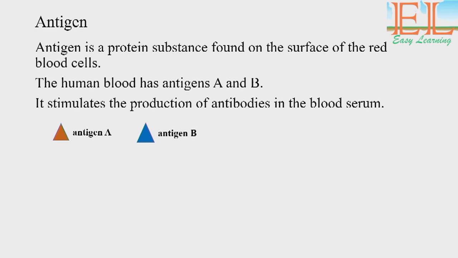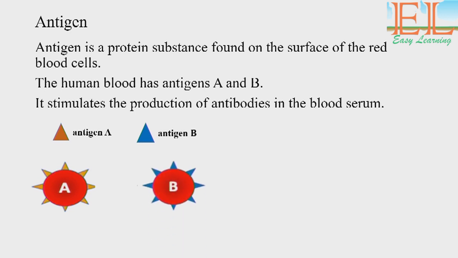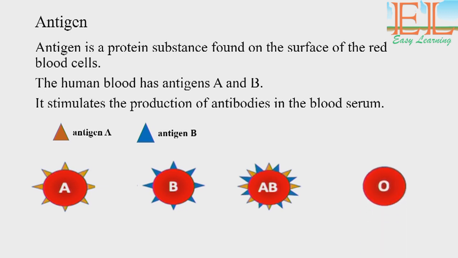For the red blood cells of blood group A, we see that they have only brown triangles, hence they have antigen A. On the surface of the red blood cells of blood group B, we have only blue triangles and hence they have antigen B. When we come to AB, they have both blue and brown, hence they have both antigen A and antigen B, but O lacks it. So people with blood group O don't have any of the antigens.